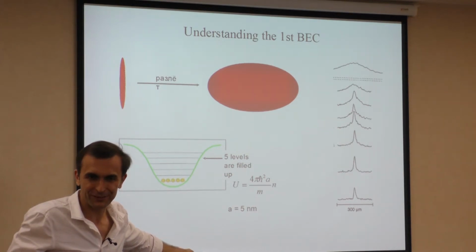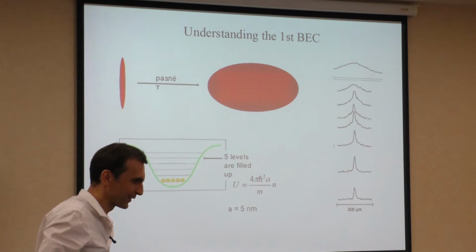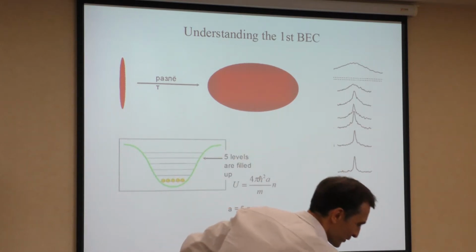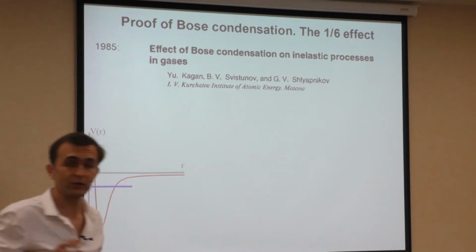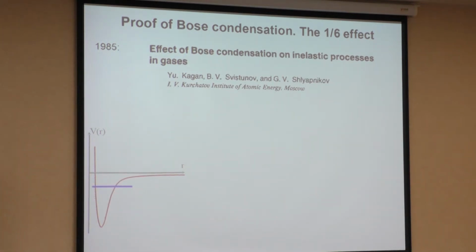And I will give a historical example to appreciate the importance of positive scattering length. Positive scattering length means that there is a bound state in the interatomic potential. This is the potential for interaction of the two atoms.